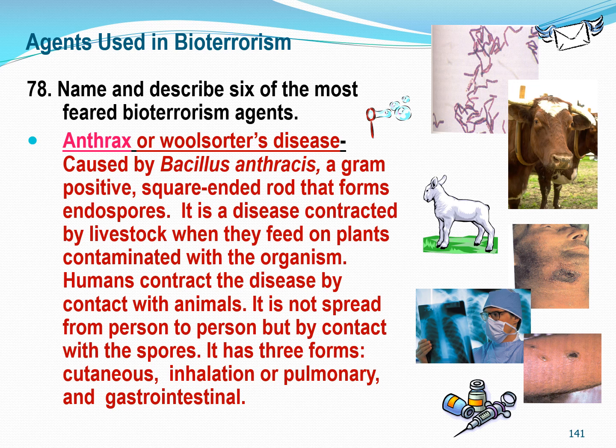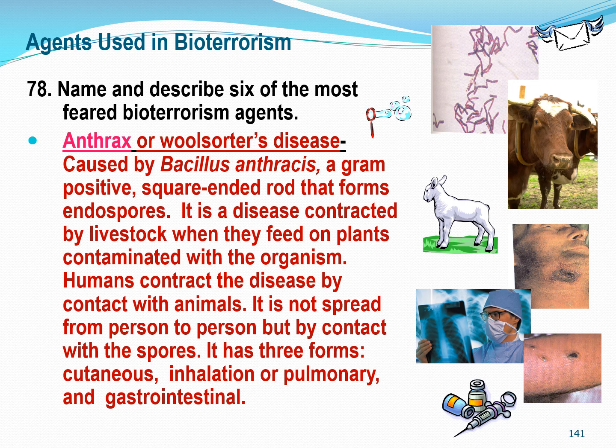Anthrax, or the wool sorter's disease, is caused by Bacillus anthracis, a gram-positive spear-ended shaped rod that forms endospores. Okay, there's a picture up there in the top right that shows you those spear-ended rods, right? It is a disease contracted by livestock when they feed on plants contaminated with the organisms.